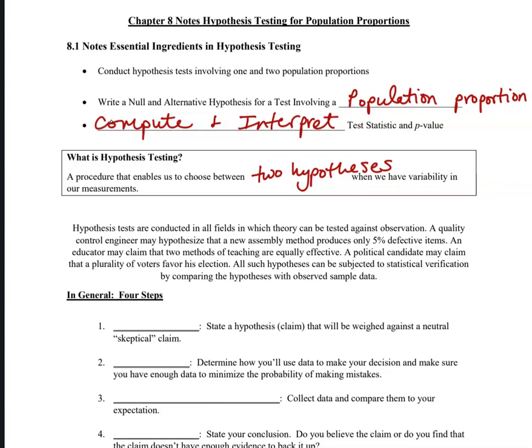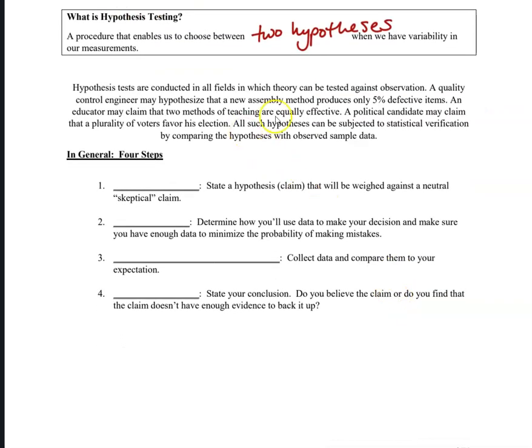So it's like you're making two claims and you're choosing between those two claims. Any field where we are looking at observations and we're pulling samples and having to make decisions about those samples and what that tells us about the population proportion might use a hypothesis test. A quality control engineer may hypothesize that a new assembly method produces only 5% defective items, and so they want to test out that claim. And so they pull a sample to do that and make a comparison.